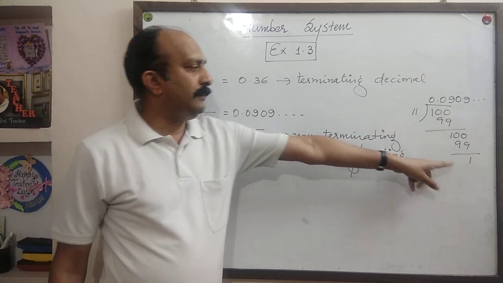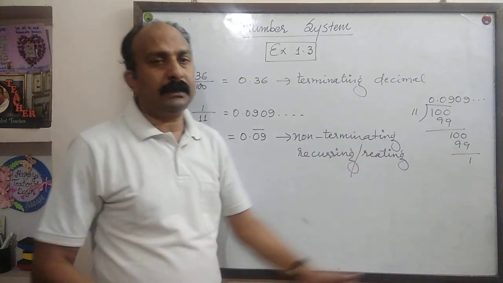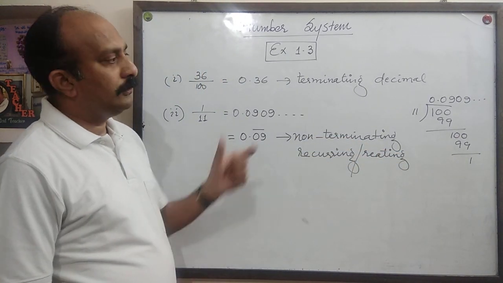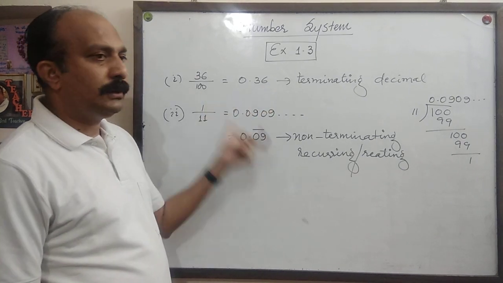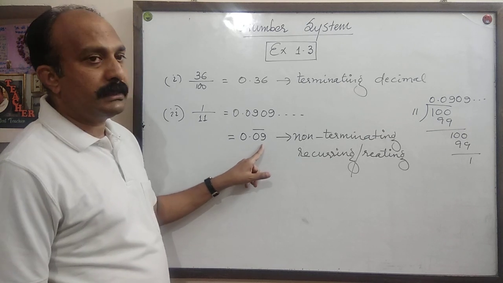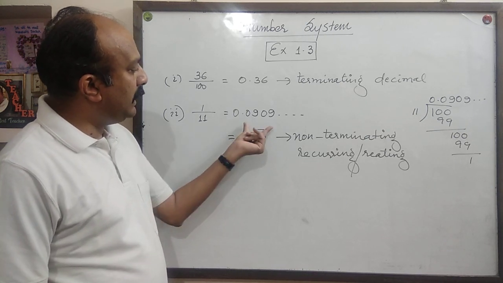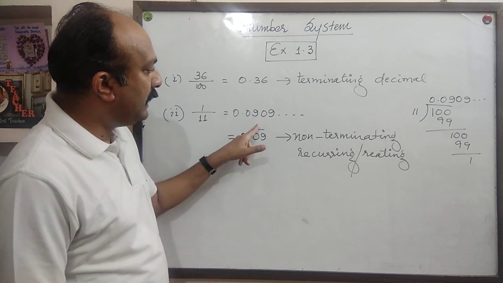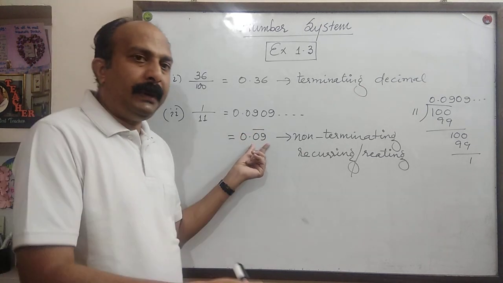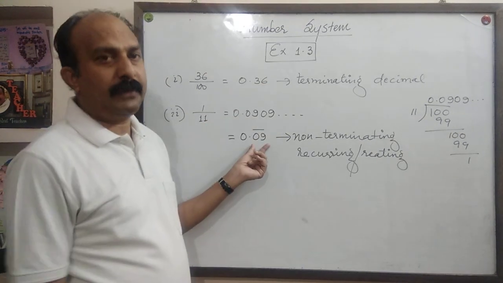Because in every step we are getting the same remainder, so the answer will be repeated infinitely. So the answer is 0.090909 dash dash, which can also be written as 0.09 bar. This bar indicates the digits under the bar will be repeated an infinite number of times.